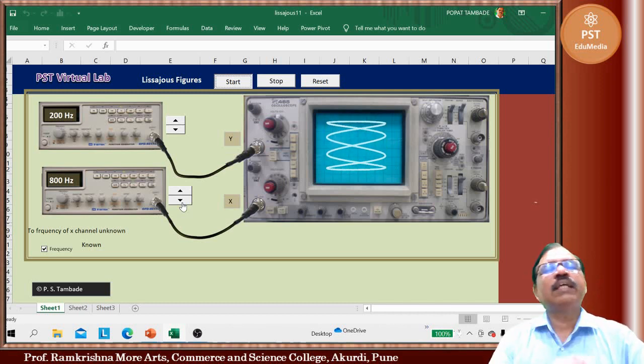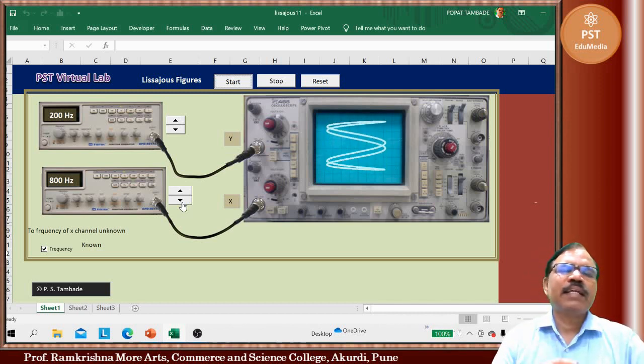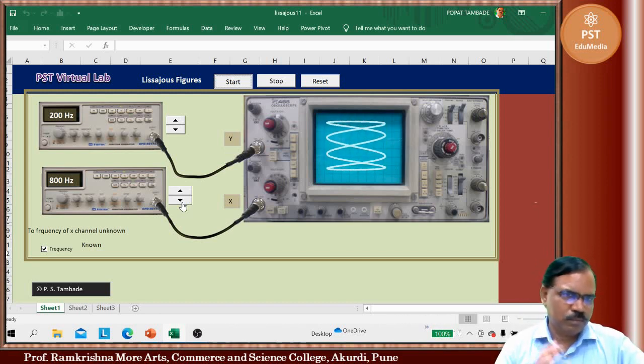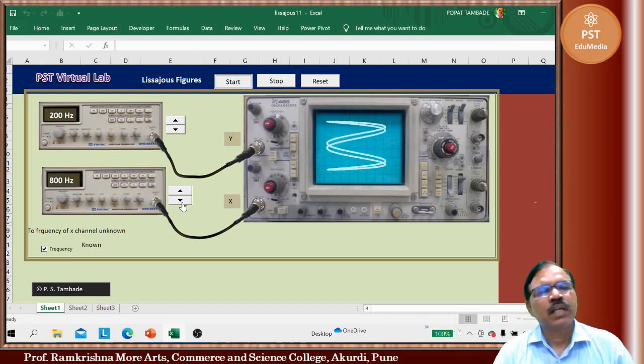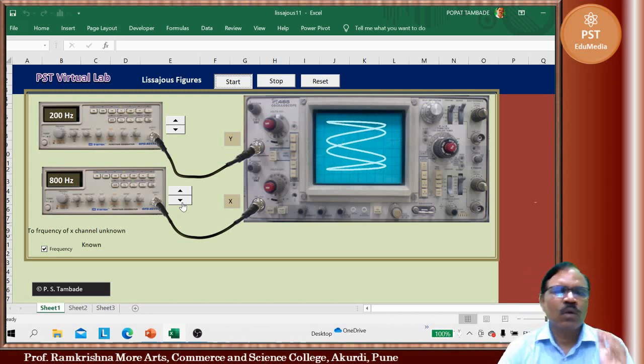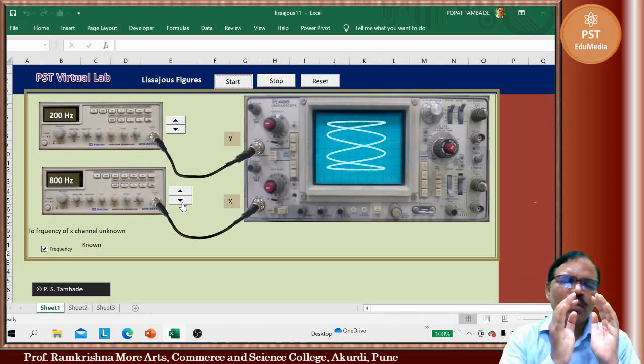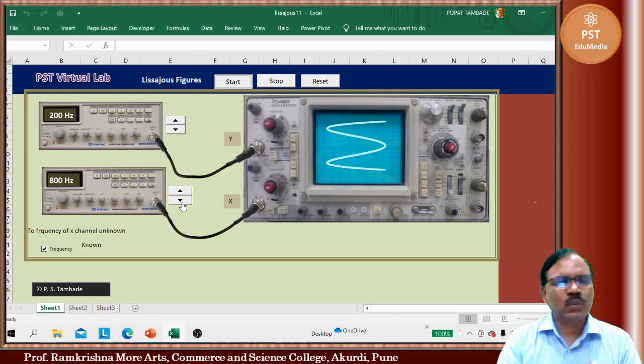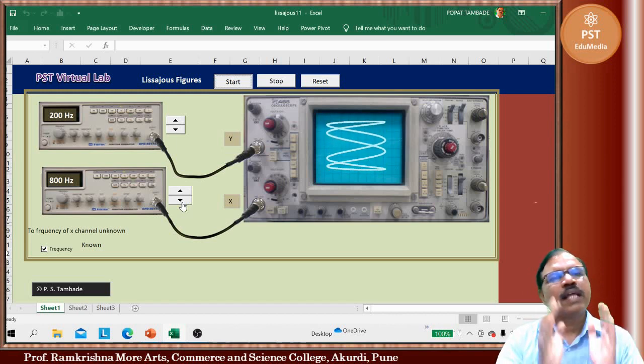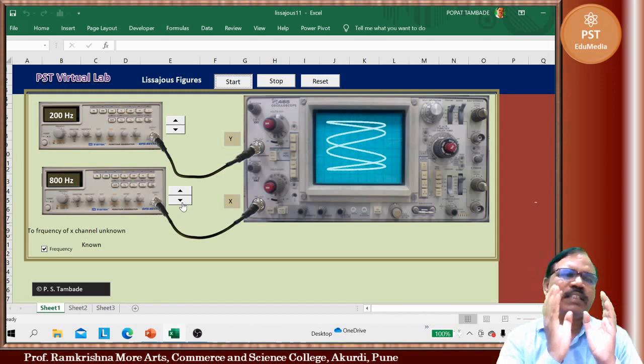Now using the same setup, you can find the frequency of an unknown frequency source. We have one signal source that has a known frequency, meaning you can measure the frequency of that signal source.